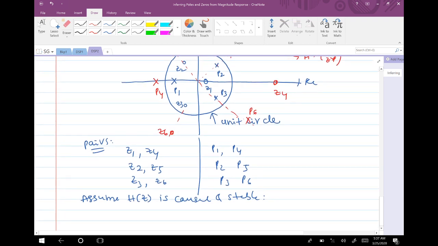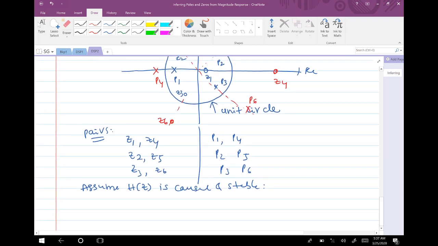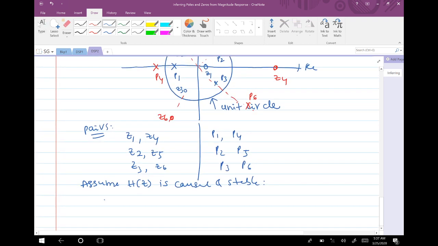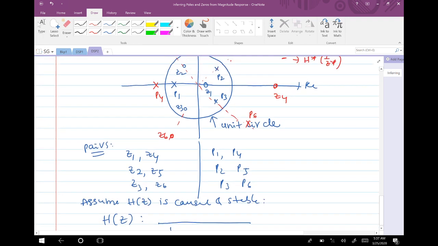So what could we say then? We know for sure that this H of Z will have P1, P2, P3, not the other things.